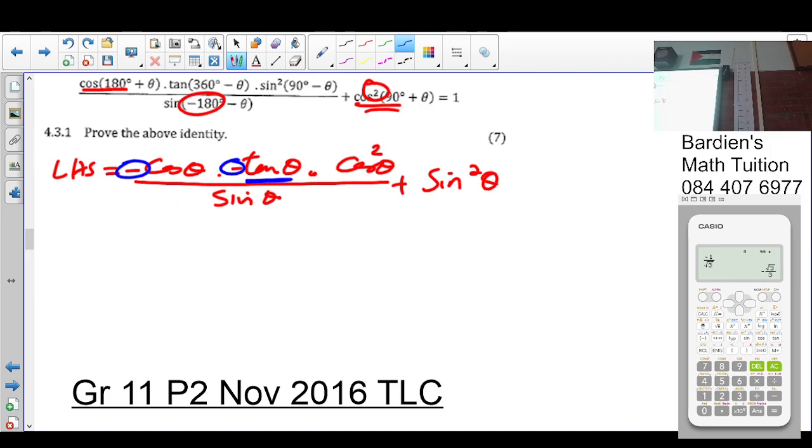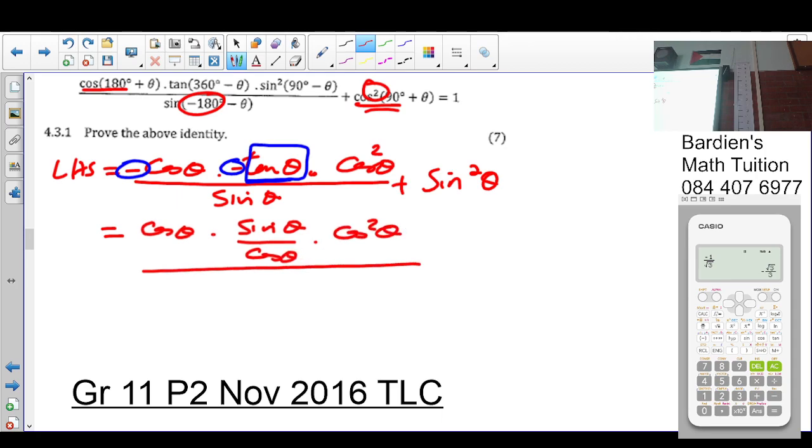What can happen to sine theta? Sine over cos, no? So it's going to become cos theta times sine theta over cos theta, times cos square theta over 1, all over sine theta plus sine square theta.